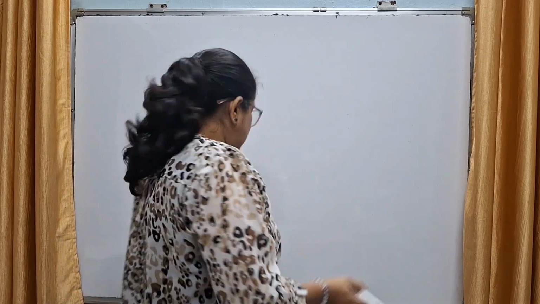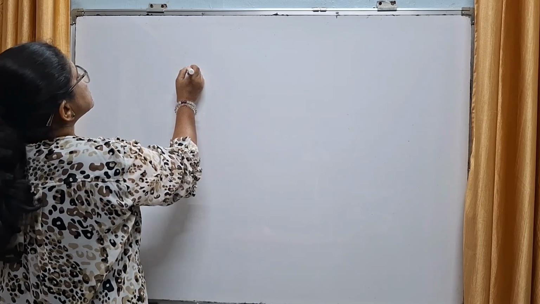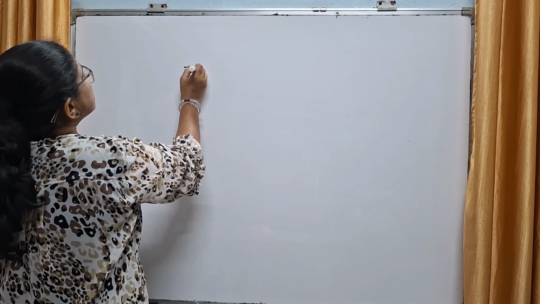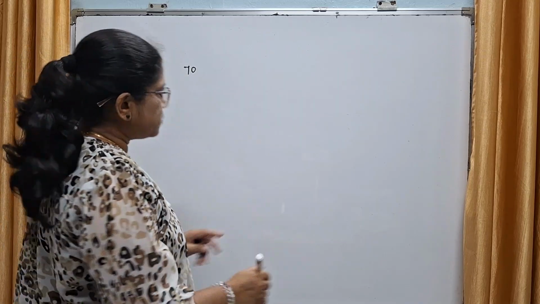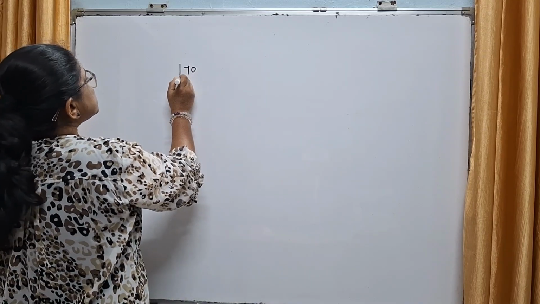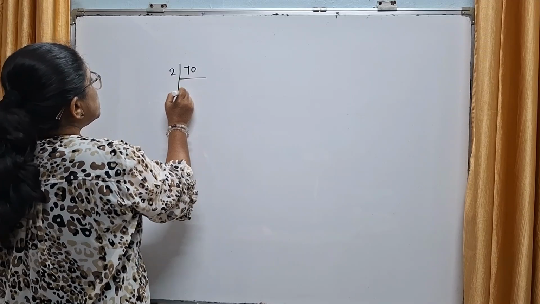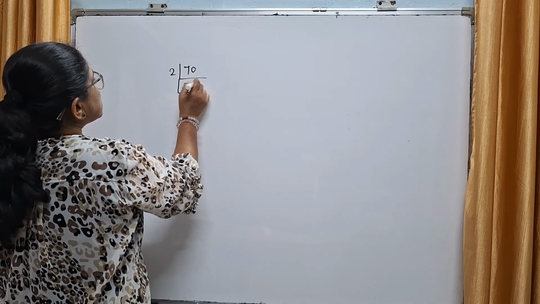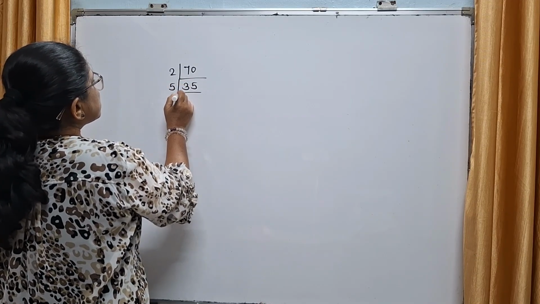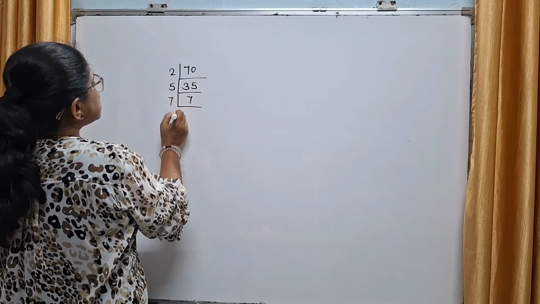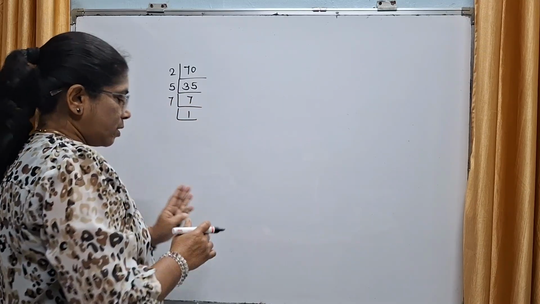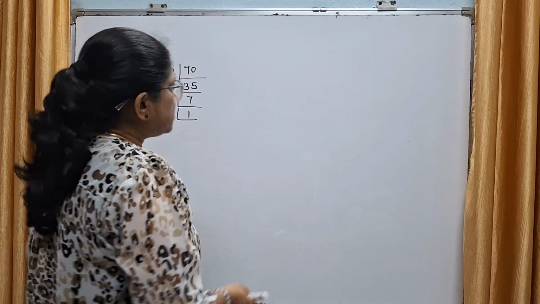Let's take one simple example, that is 70. 70 is one composite number. Let's start factorization of this. 2, 35, then 5, 5 sevens are 35, 7 ones are 7. Okay. We'll take one more composite number.